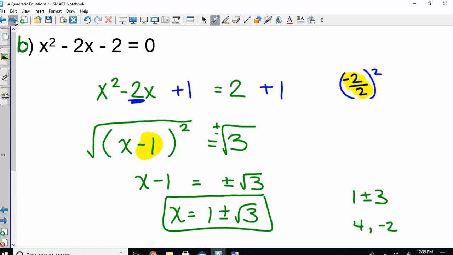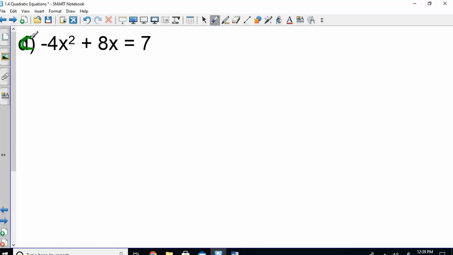Okay. Last one of these. Okay, what is the first step to completing the square? We need that a to be +1. If it is anything else, we have to divide it by that number.